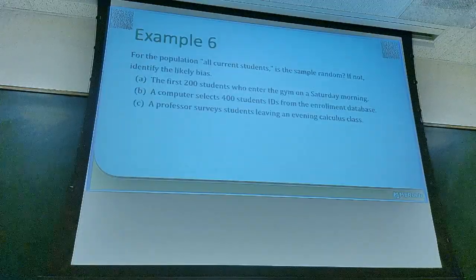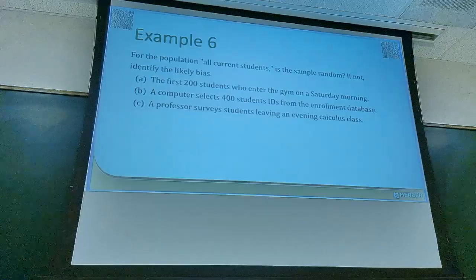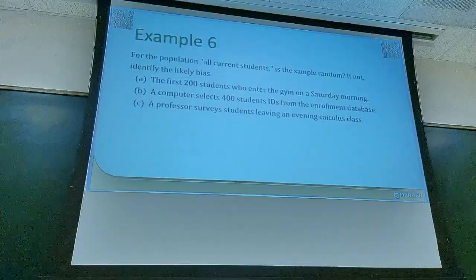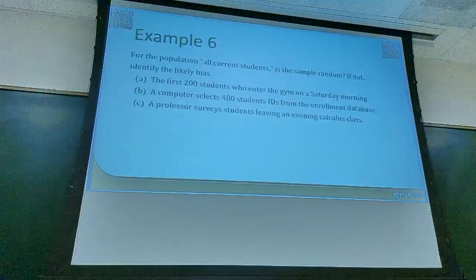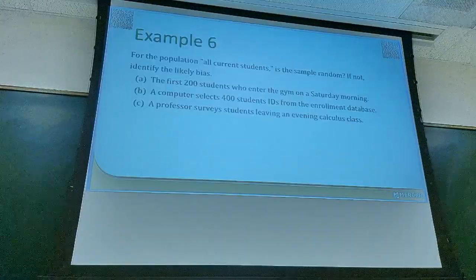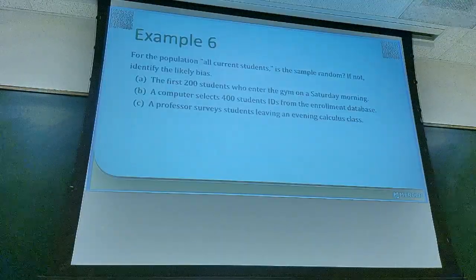So consider a population of all current students. We want to determine if the sample chosen is random. First 200 students who enter the gym on a Saturday, would that be random?